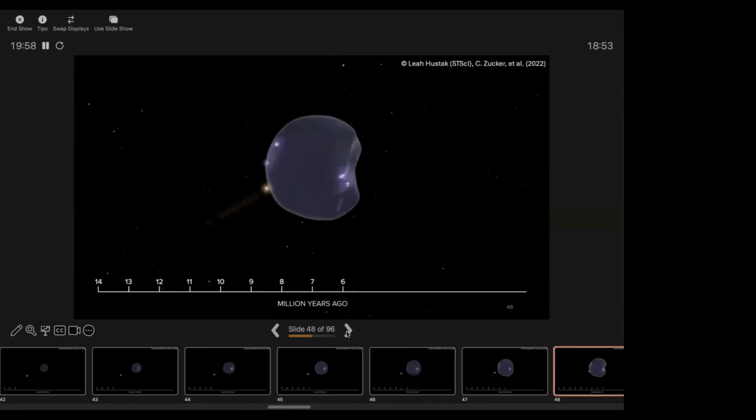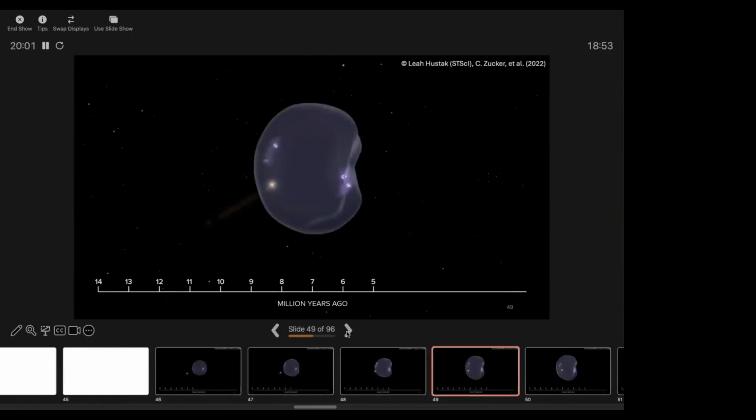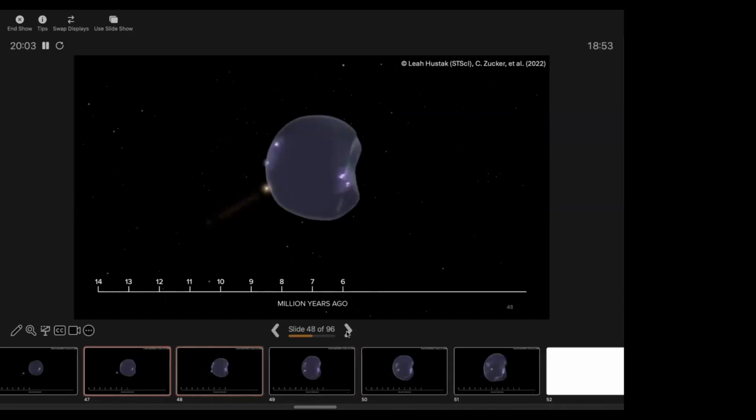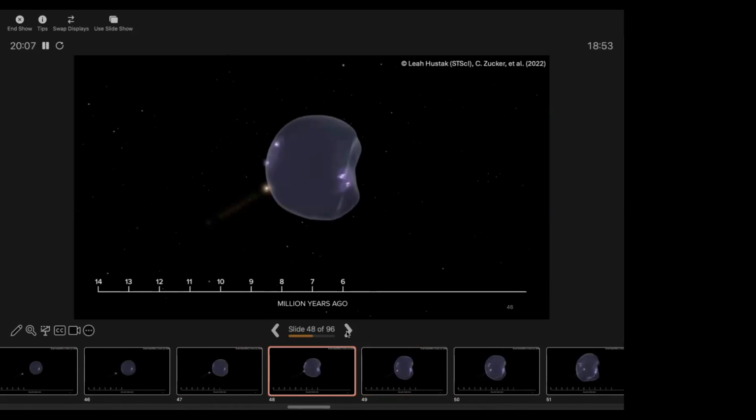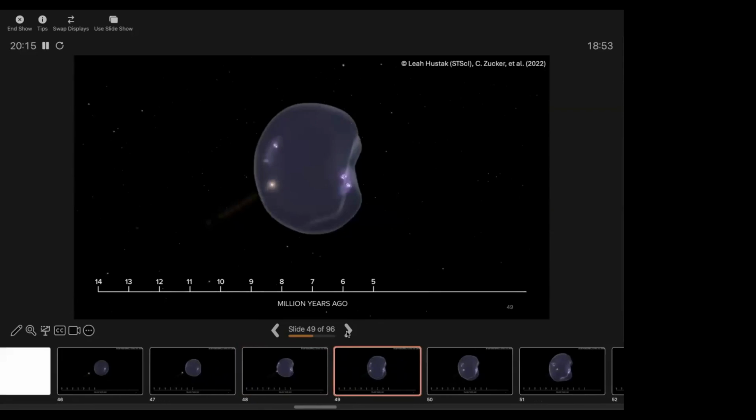And then around 6 million years ago, the sun entered the local bubble. So 6 million years ago, we were outside the local bubble, and during that period it crossed the edges of the local bubble, and we entered it.